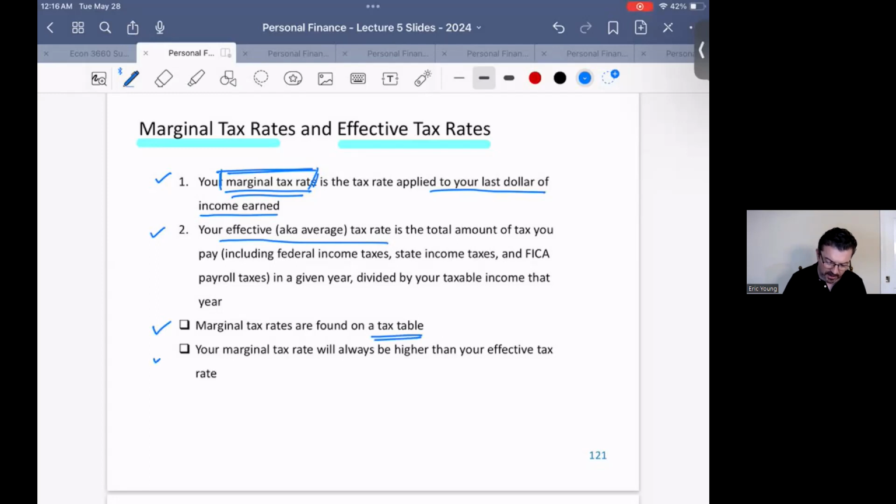The other thing to point out is that by definition, mathematically, your marginal tax rate will always be higher than your effective tax rate. Because your marginal tax rate is, again, it's a progressive system. It's the higher tax rate that you pay on your next dollar earned. Your effective tax rate blends in parts of your salary that were taxed at lower rates.